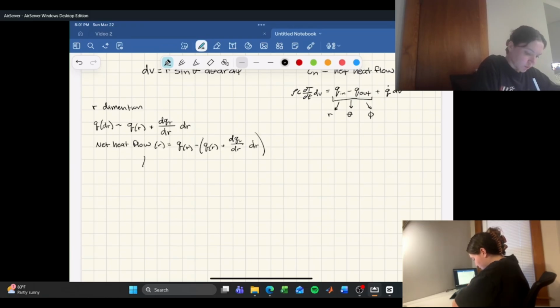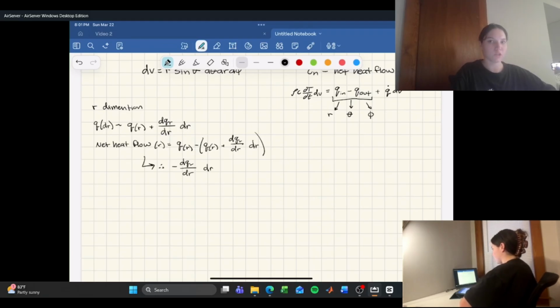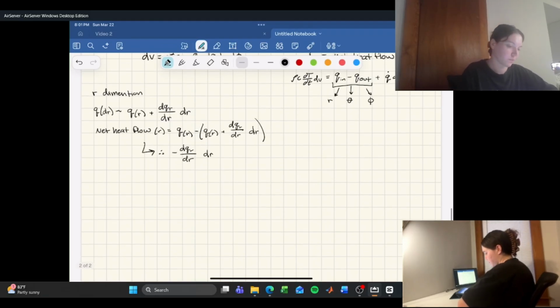And so this is going to simplify to negative change in heat flow over the change in position times the change in position.